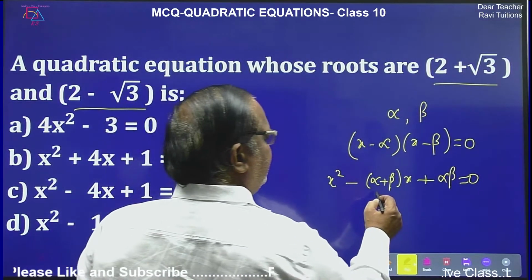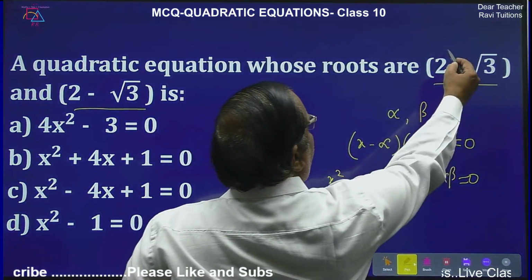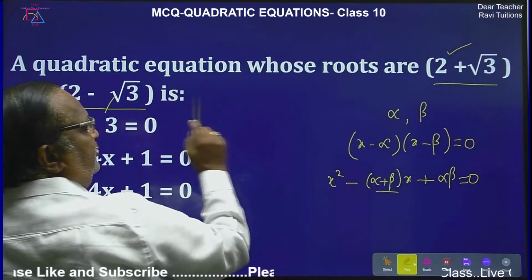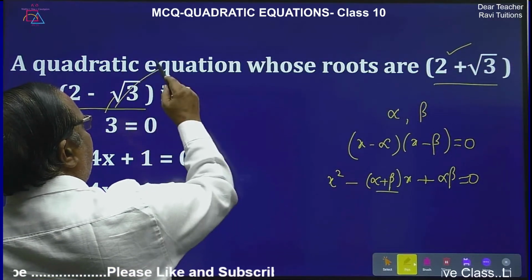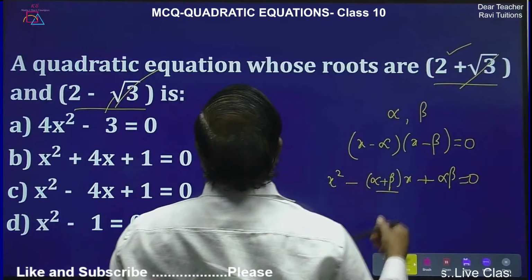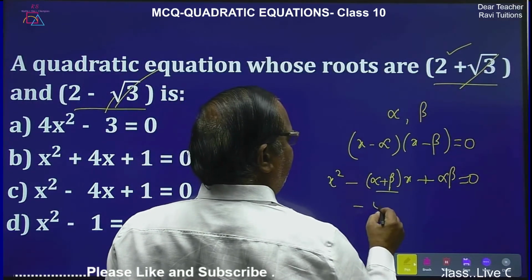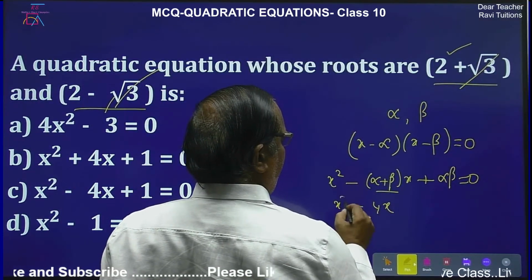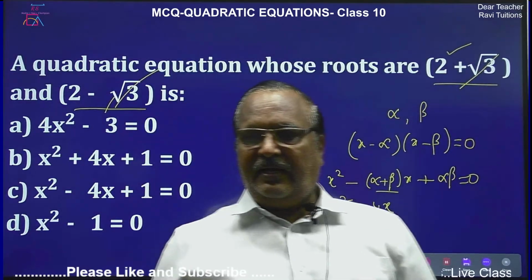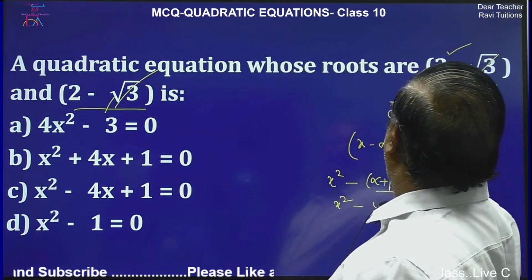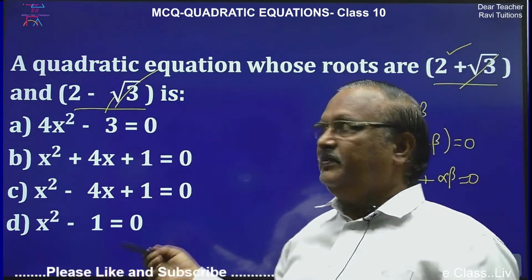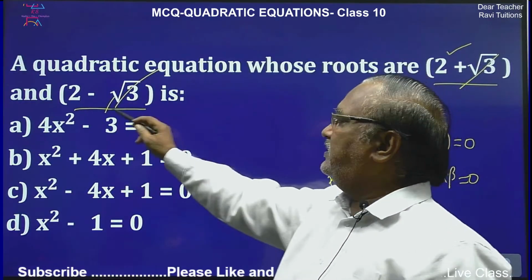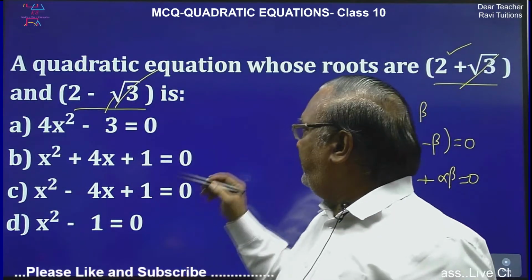So better use this alpha plus beta. That means you add these two things. So 2 plus root 3, 2 minus root 3. Root 3 will get cancelled. And 4. So here it is 4x. Okay. Then alpha into beta. This is (a plus b)(a minus b). Because it is a plus b form, this is a minus b form, a square minus b square.